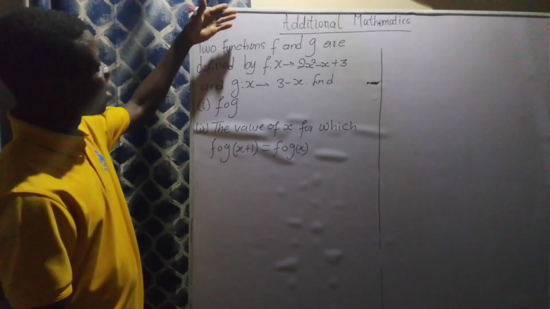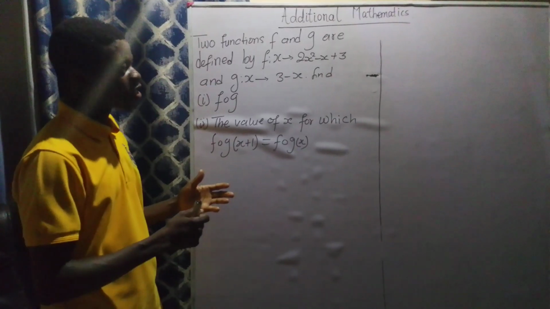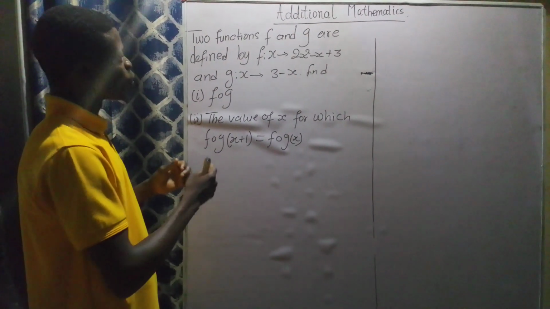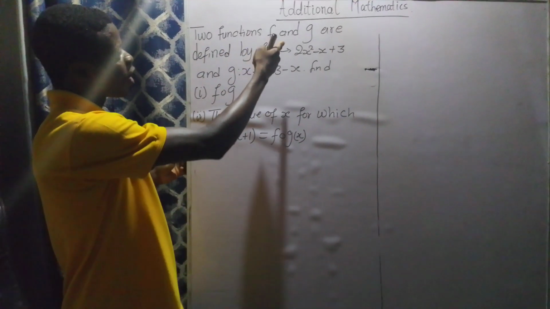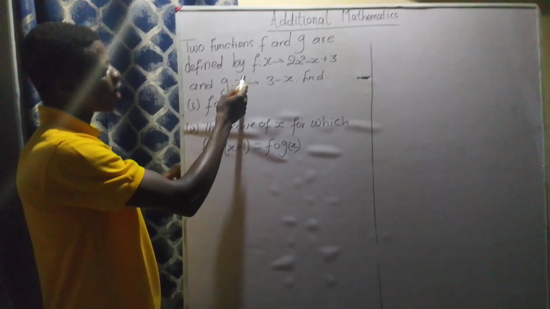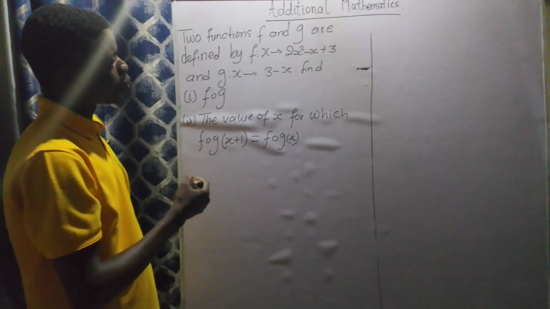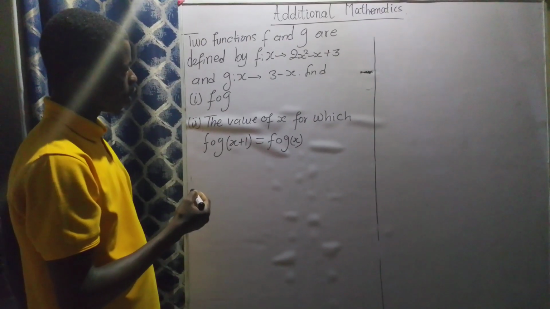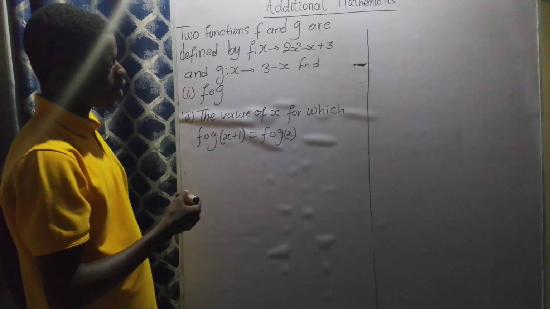This is a question under additional mathematics, which is basically under functions. The question is: two functions f and g are defined by f of x equals 2x squared minus x plus 3 and g of x equals 3 minus x.